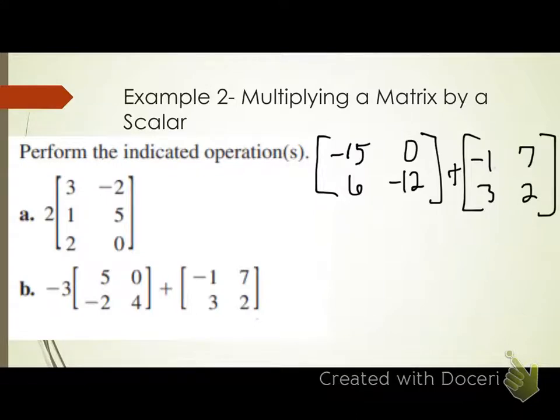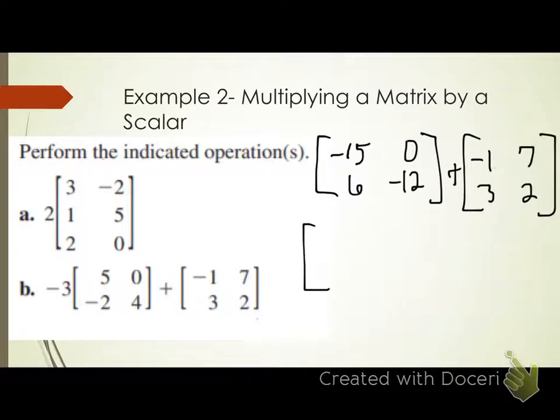Now, I have to ask myself, can I add these? Once again, to add matrices, you have to have the same exact dimensions. Both of these are 2 by 2 matrices, so I can go ahead and add them.